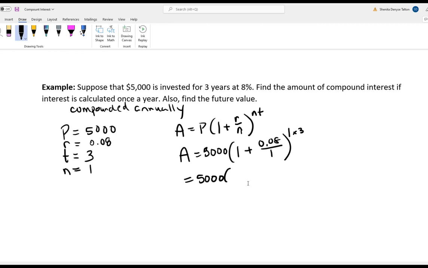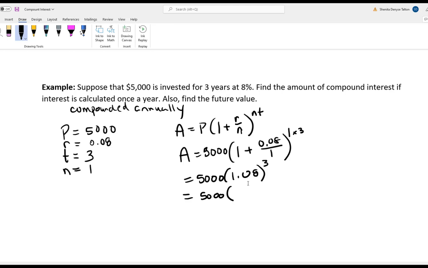Well, the stuff in parentheses I can do. I know 0.08 divided by 1 is just 0.08. I'm going to add that with the 1. We get 1.08 raised to the third power. Next, I'm going to take 1.08 and raise it to the third power. Now, you may get a long number.